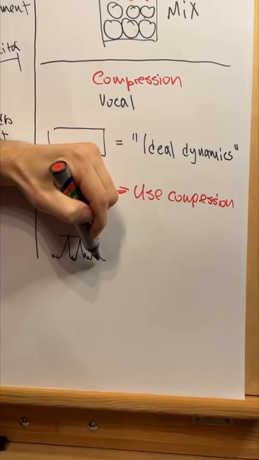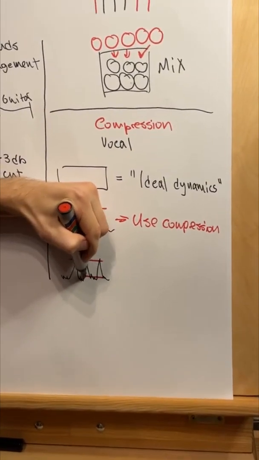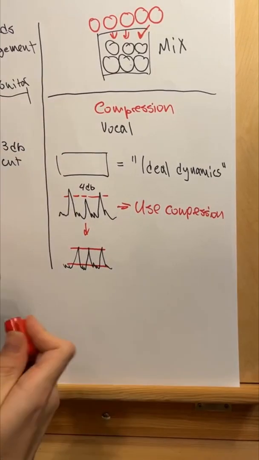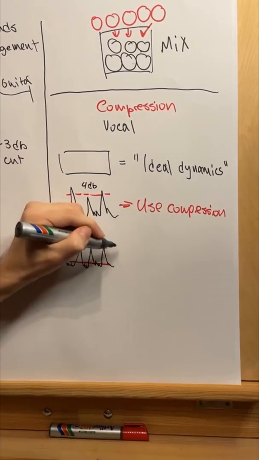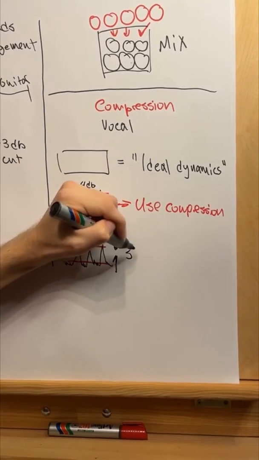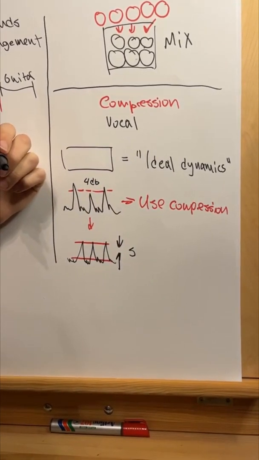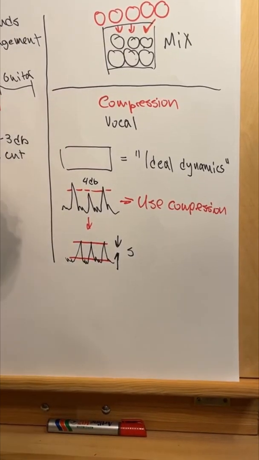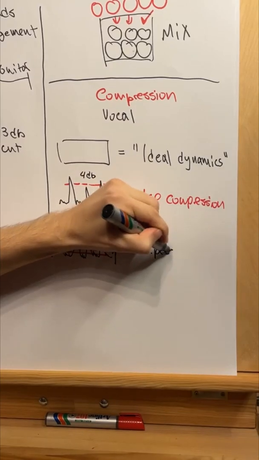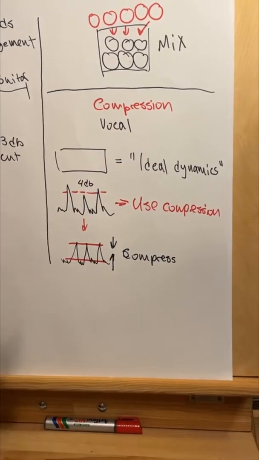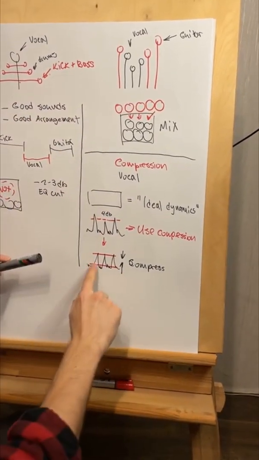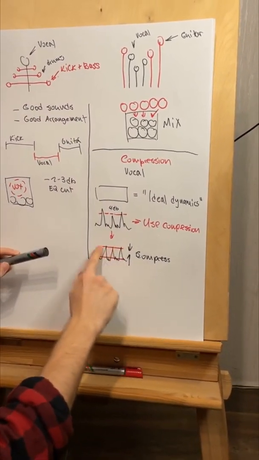We put this in some kind of box. We squeeze it, not actually squeeze, but compress. So instead of the 4 dB difference, now we have a consistent level because we've put this in the box, okay? Does that make sense?